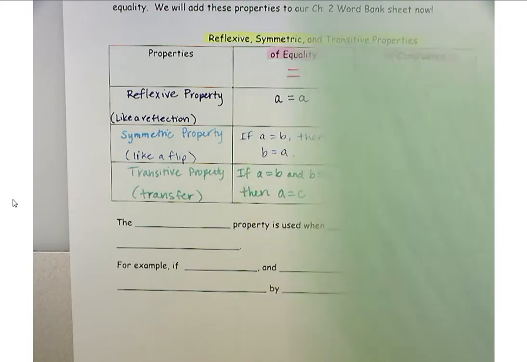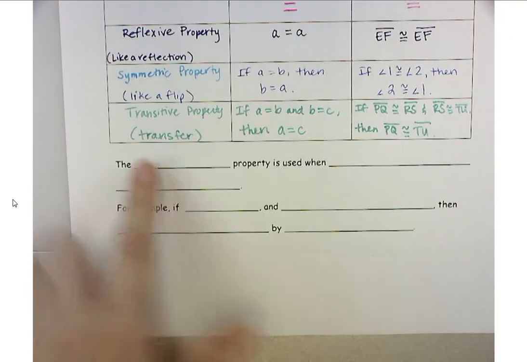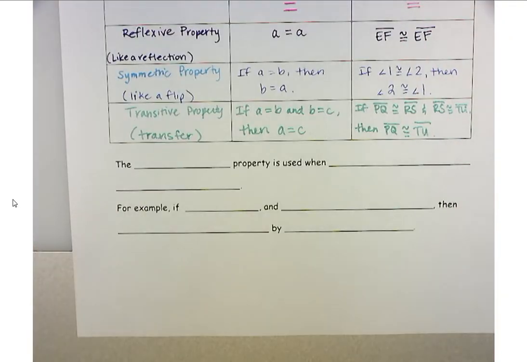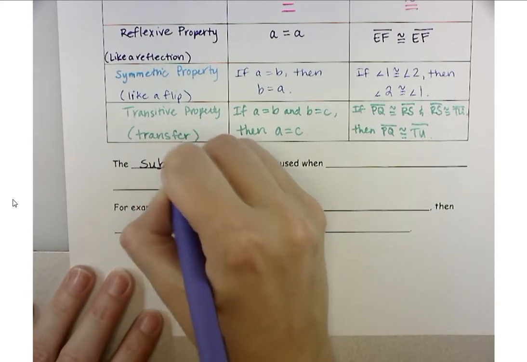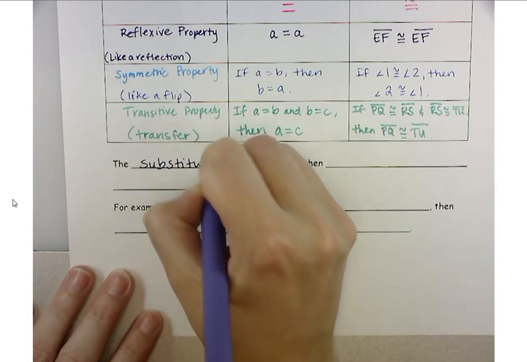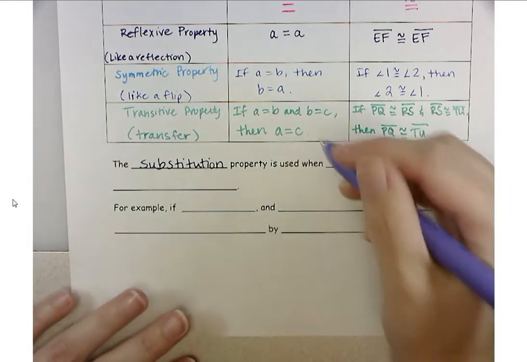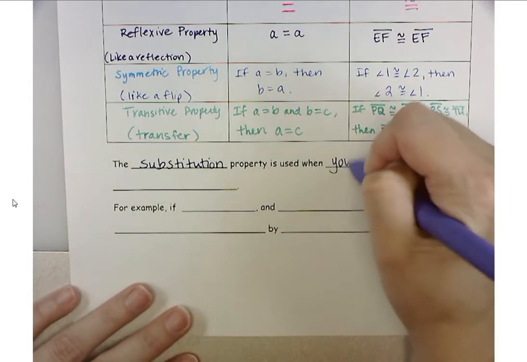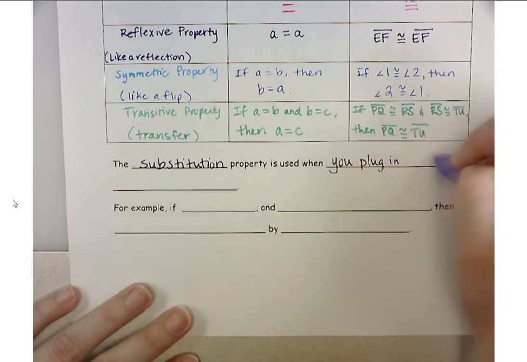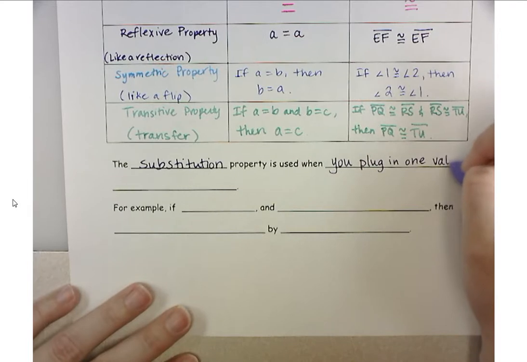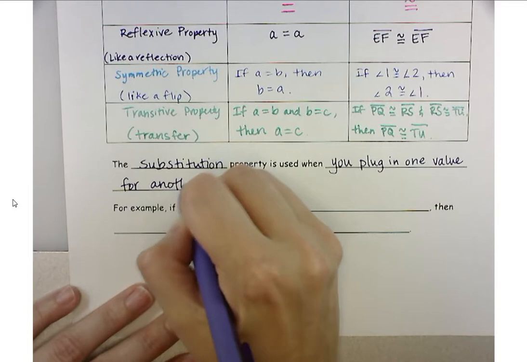Then another one we're going to put on is this next one. It says the blank property is used when blank, blank, blank. So the substitution property is used when you substitute or you plug in one value for another.